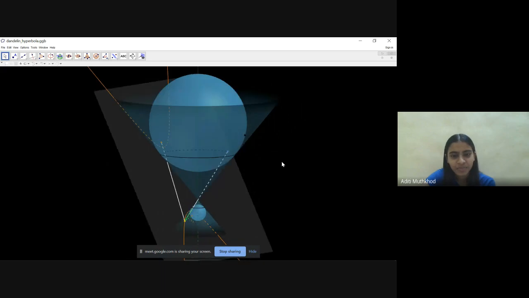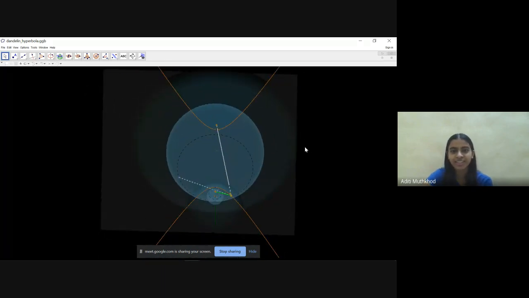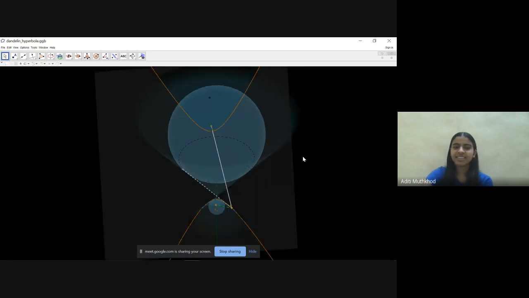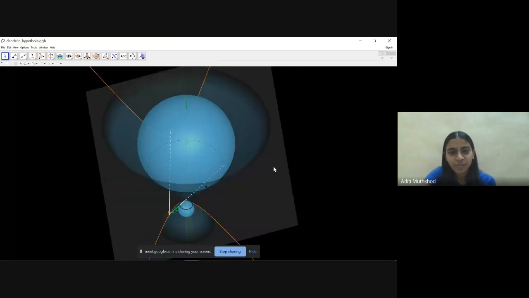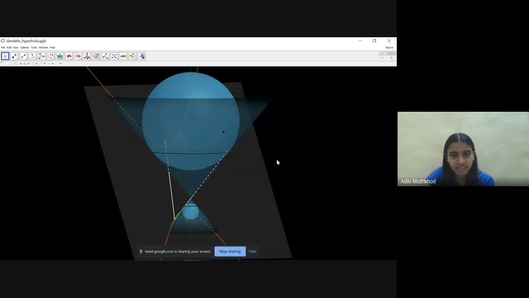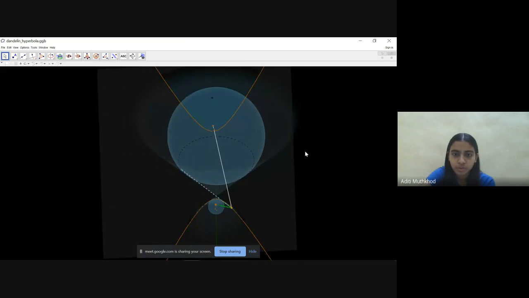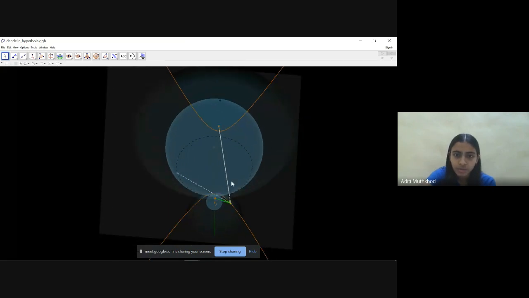Yeah, okay. So this is a hyperbola. Isn't it beautiful? Yeah, so what is the difference? What we want to prove is PF2 minus PF1 is constant.